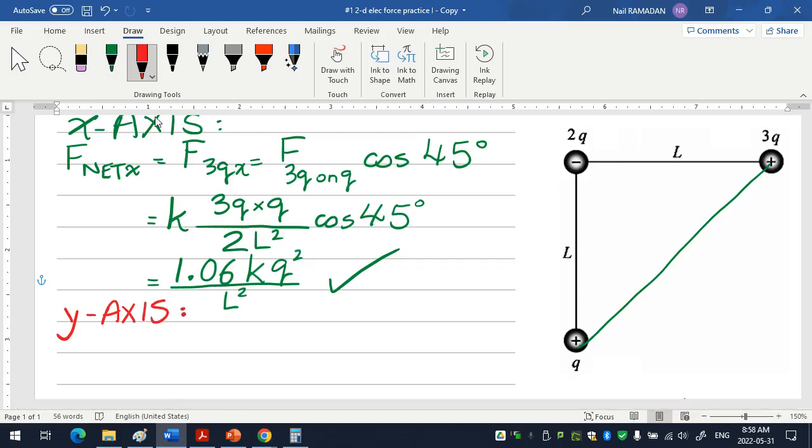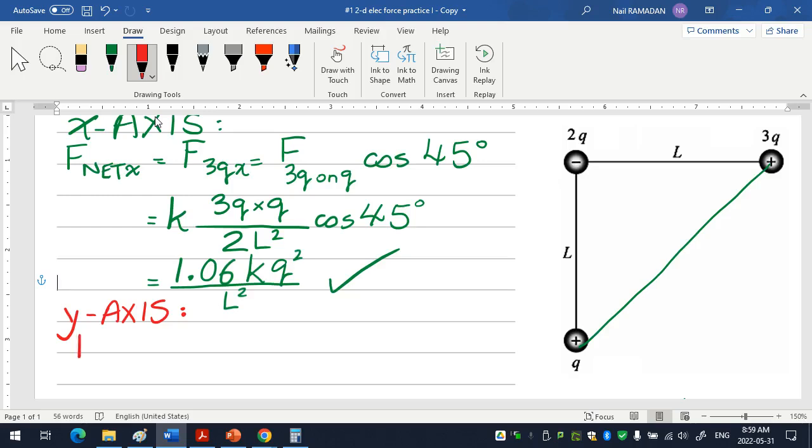How many forces do I have on the y-axis after the breakdown is accomplished? 2. One of them positive down, as we chose, and one of them negative up. The positive one down, instead of cosine, it's got to be what? Sine.